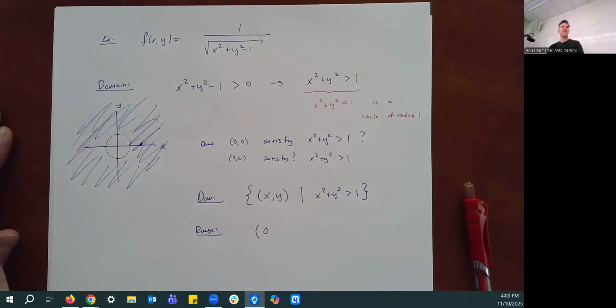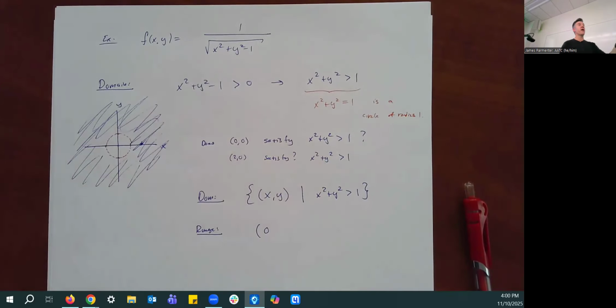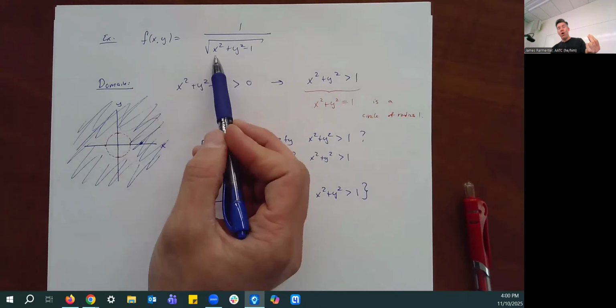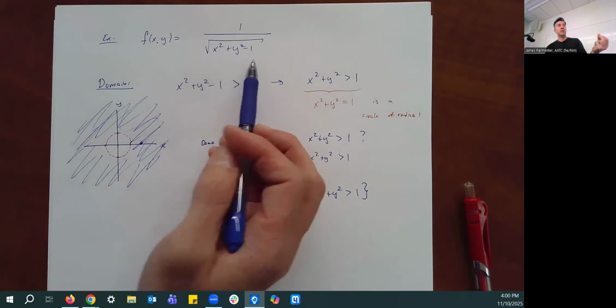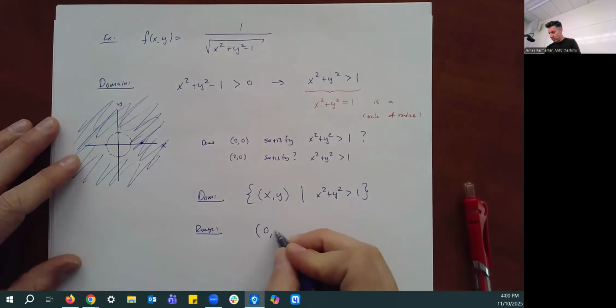And it also gets really, really big, because you can make this denominator very, very small. If you pick x equal to 1 and y equal to 0.00, lots of zeros, 1, that denominator is going to be super small. And then when you divide by that super small number, your fraction is going to blow up. So your range here is everything from 0 to infinity.